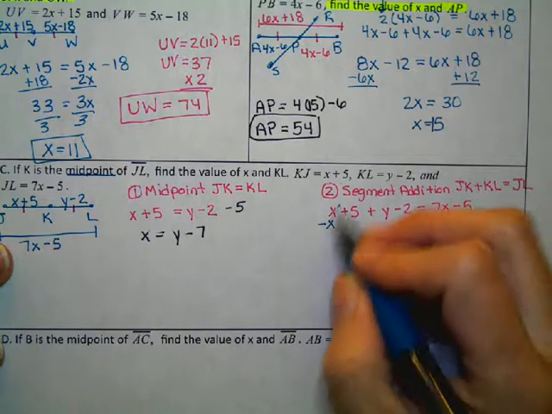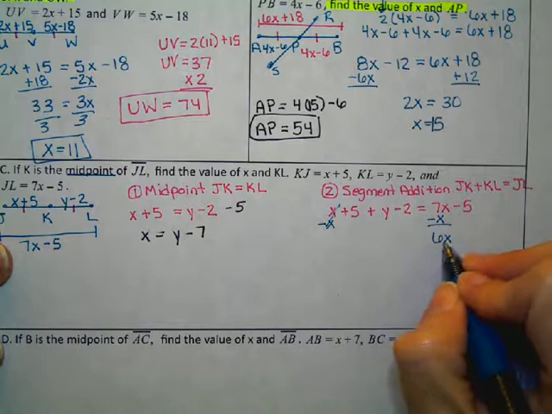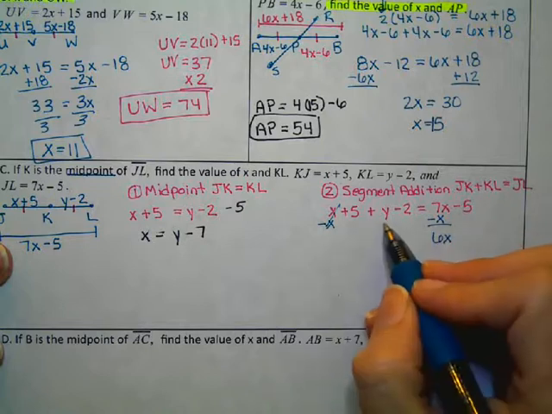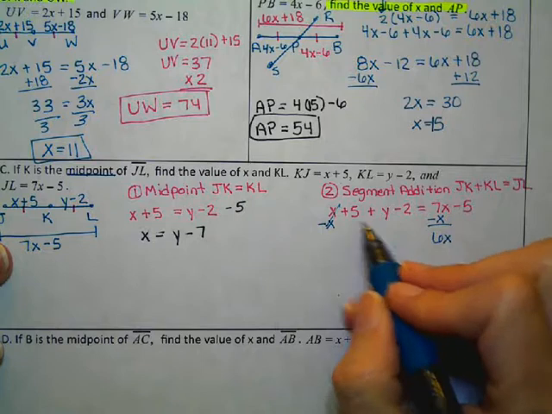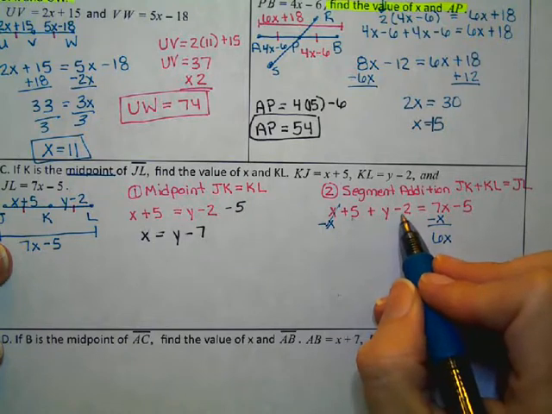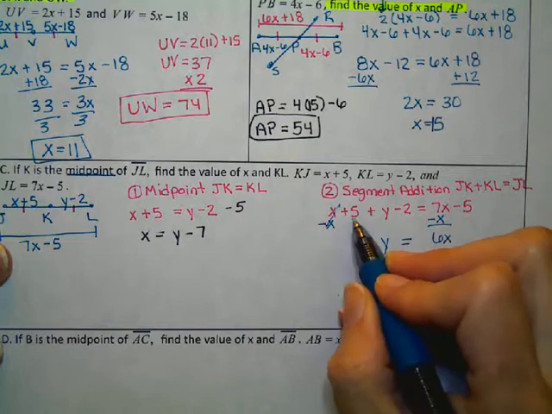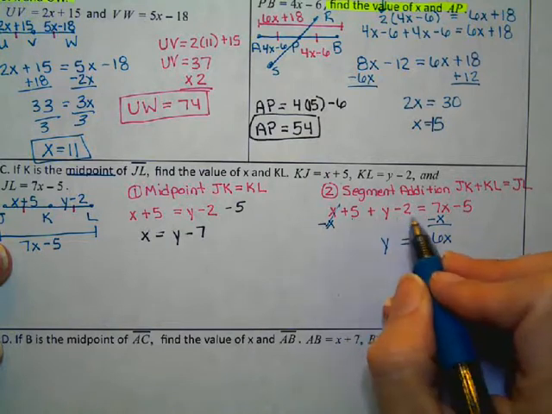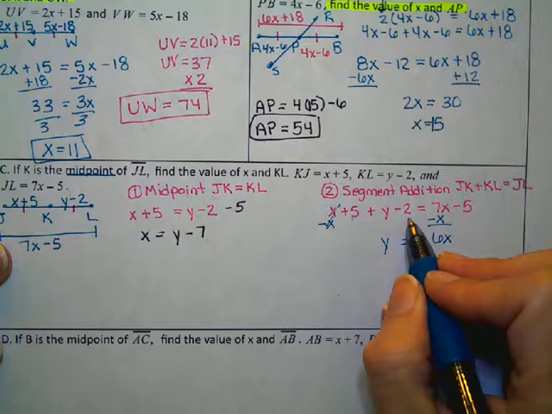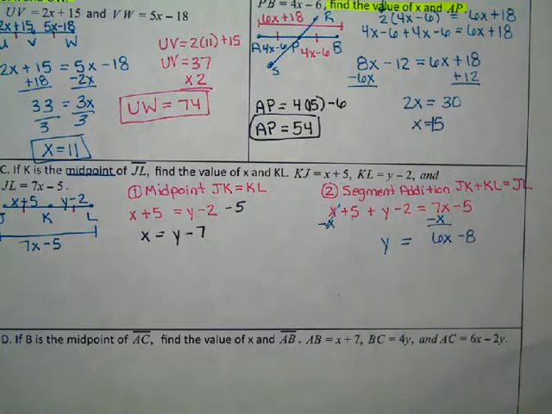So that would give me 6x over here, and 5 minus 2 is 3. Let's say you can subtract 5 and add the 2, or combine those and make that 3, and then subtract 3 over. So that way, when I plug in this x equals, I only have to put it in one place.